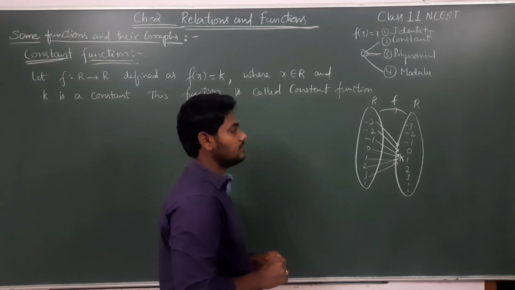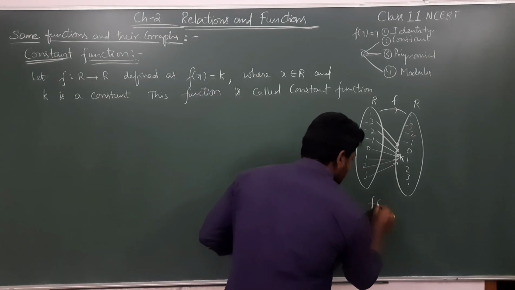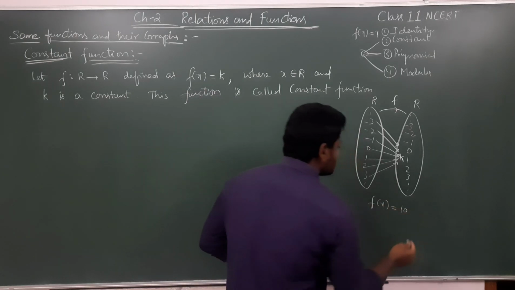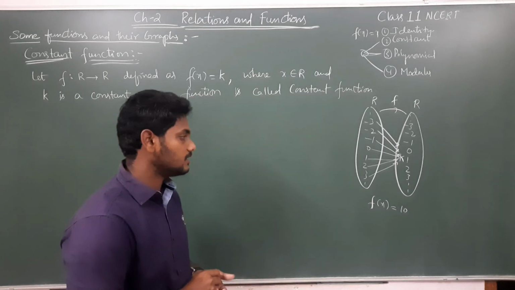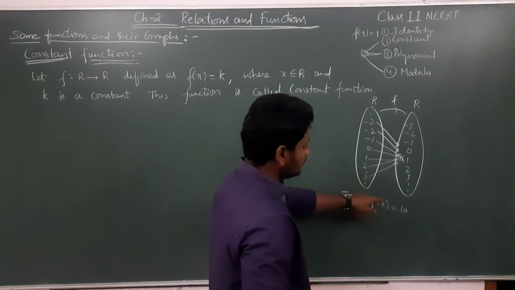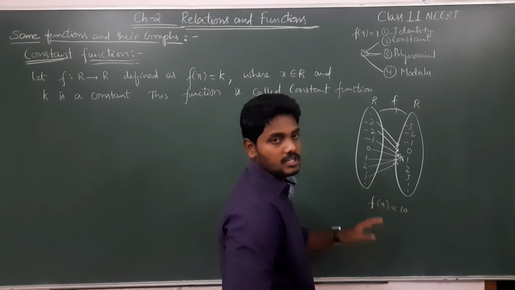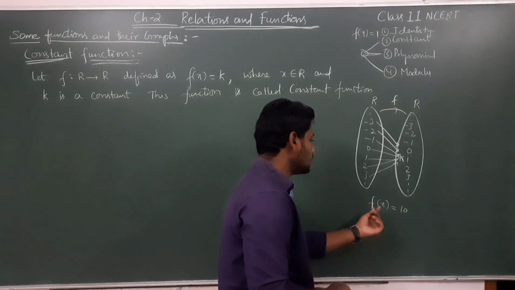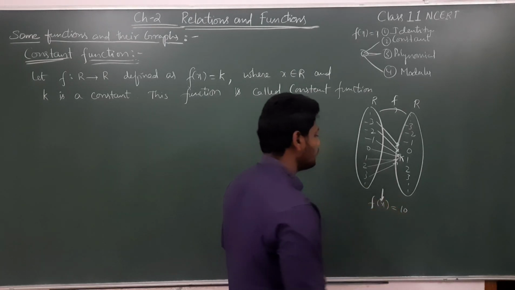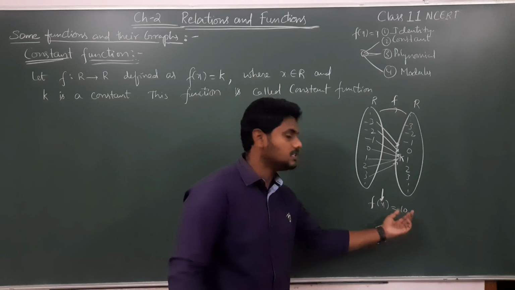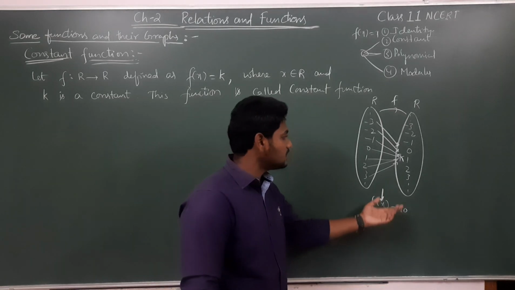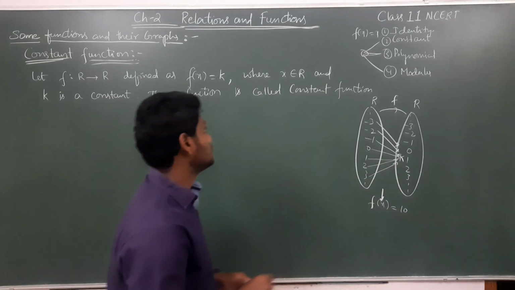Another example of a constant function is f of x equal to 10. If you substitute -1, you get 10; for 2, also 10. Whatever domain value you substitute instead of x, the value of the function is 10. This type of function is a constant function.